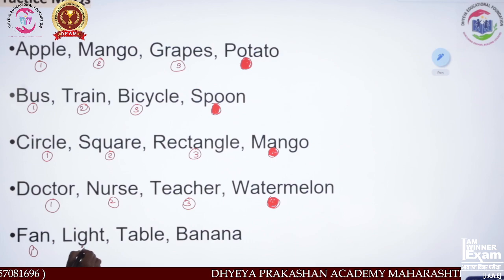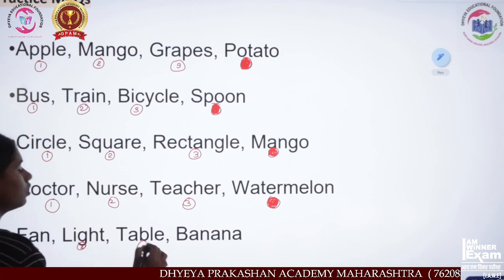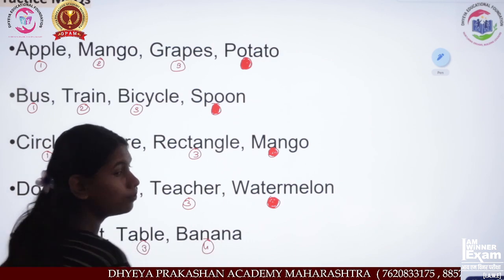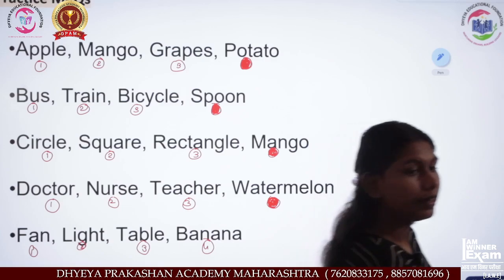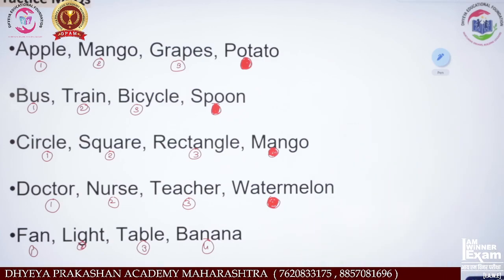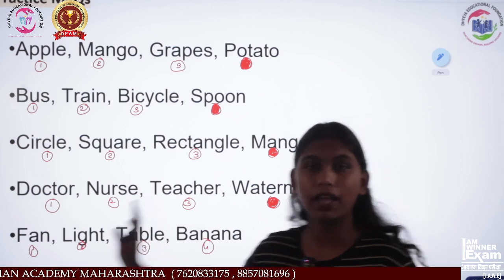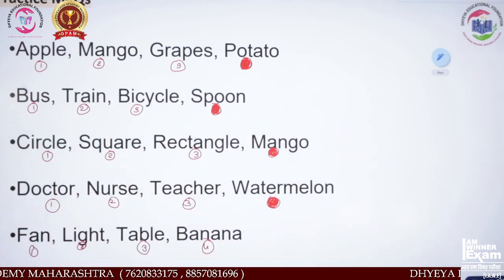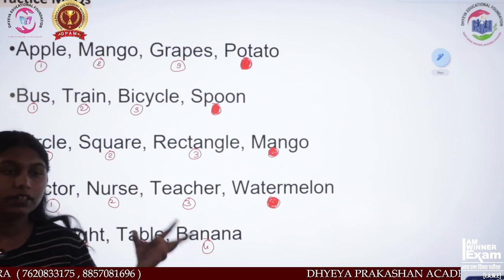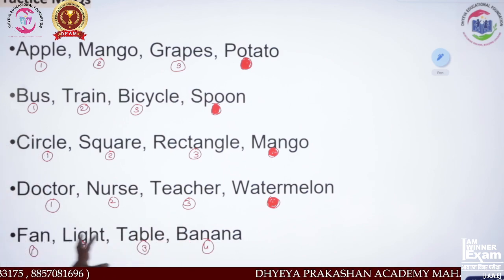Then next, fan, light, table and banana. Now fan, light and table are the things in the house, right? And banana is also a thing in the house, okay?